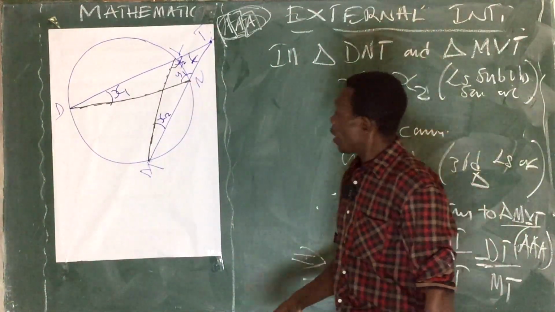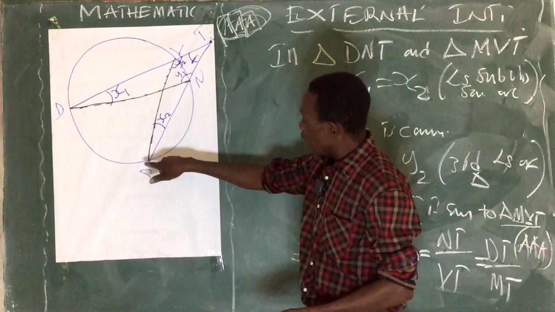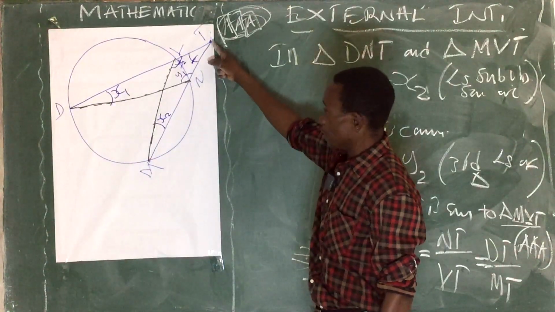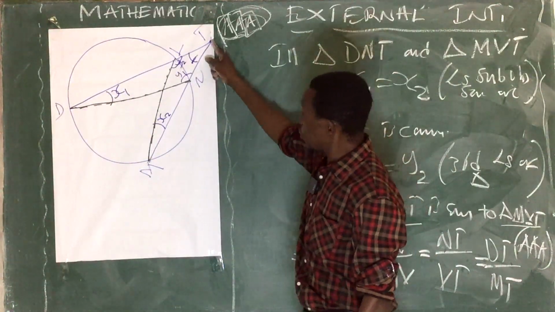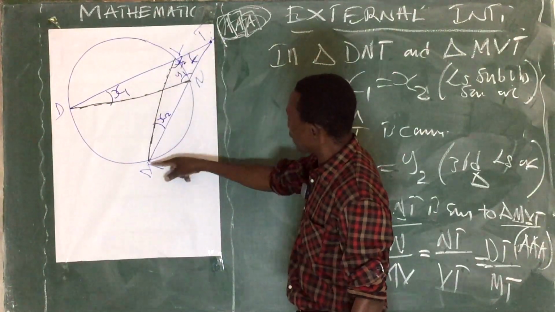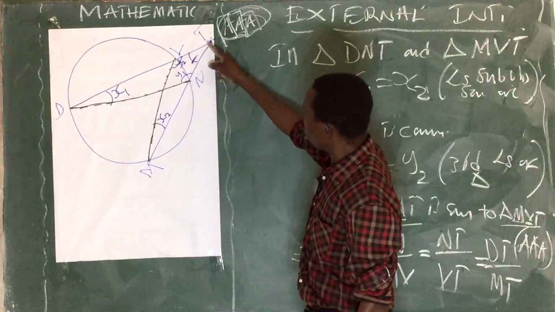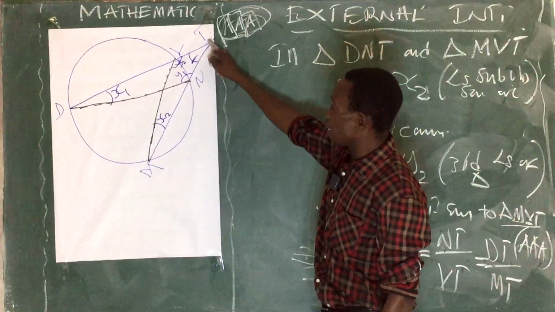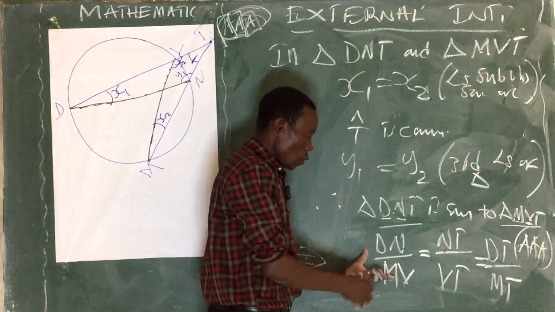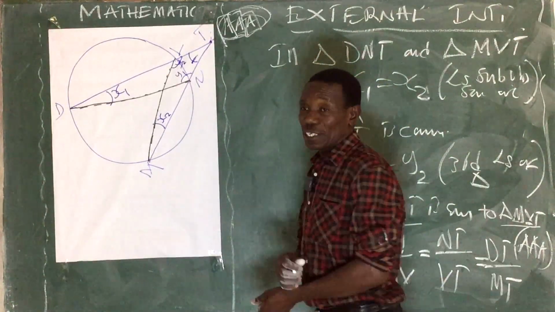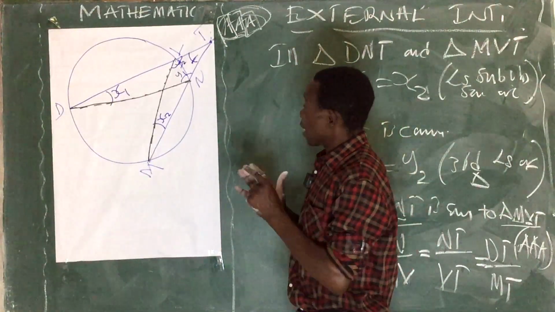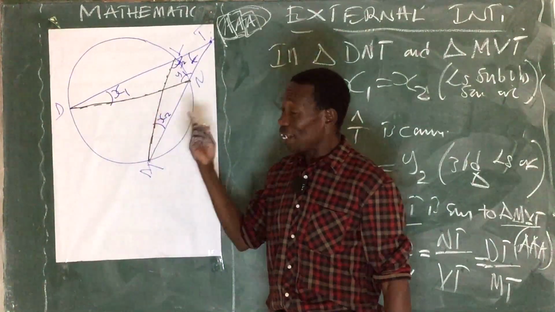What we need to know is that the two chords, DV extended to T and MN extended to T, are intersecting at T. So what I'll do here, I'll obtain two ratios out of the three that have within them the sides which are part and parcel of the chords we are discussing here.